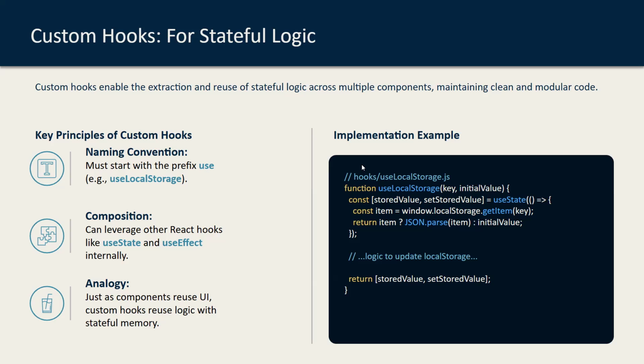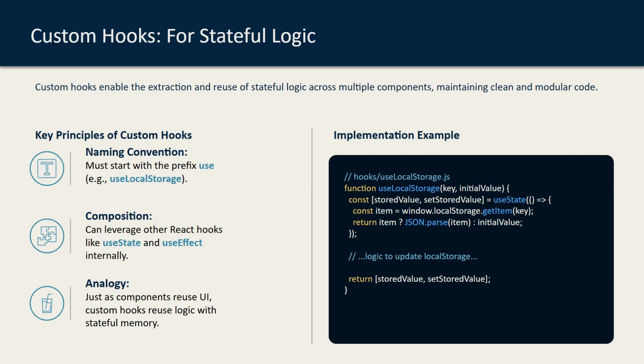A custom hook can call other React hooks internally, like useState and useEffect. The third principle behind custom hooks is the analogy: just as components reuse the user interface, custom hooks reuse logic with stateful memory.